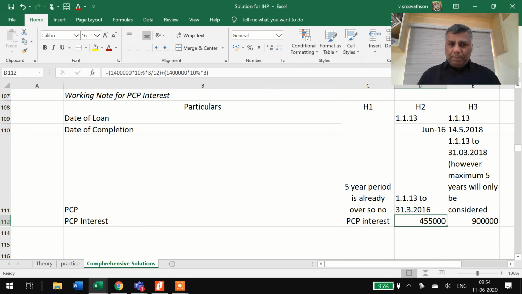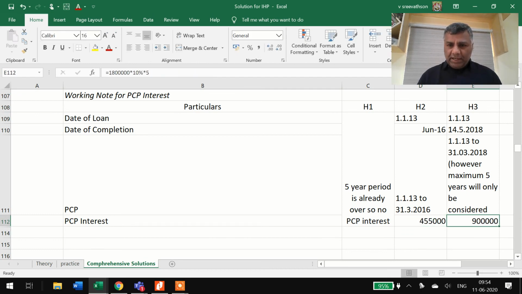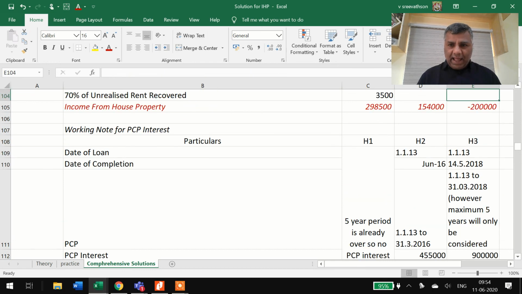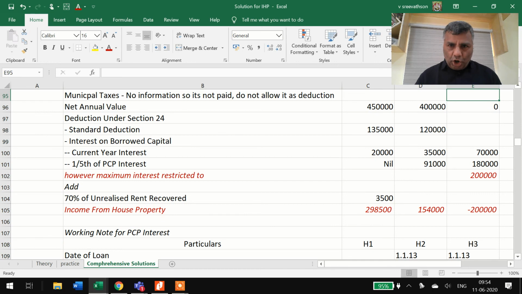4,55,000 is the PCP. That is for 3 years and 3 months. Here it is 5 years, 9 lakhs. So if I go to my main working, majority of you got NAV 4 lakhs correctly. Standard deduction 30% correctly. But current year interest, some of you have missed it. Put 2,000, 70% of unrealized rent recovered.